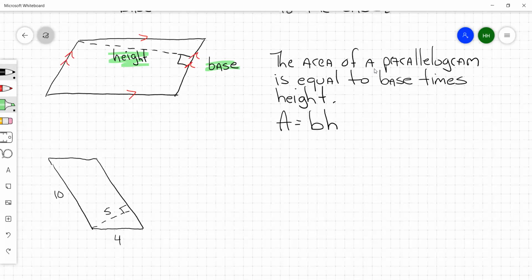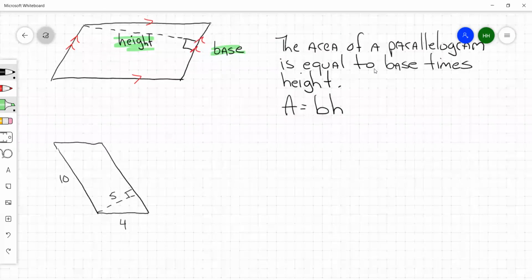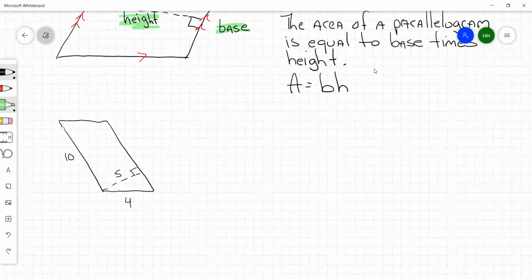Now, this is kind of what you got to be careful of in these parallelograms. You've got this parallelogram here. Let's call it ABCD. Do you see this dimension right here? What's this called? There's your height, isn't it? But which base are you going to use? Are you going to use the 4 or are you going to use the 10?